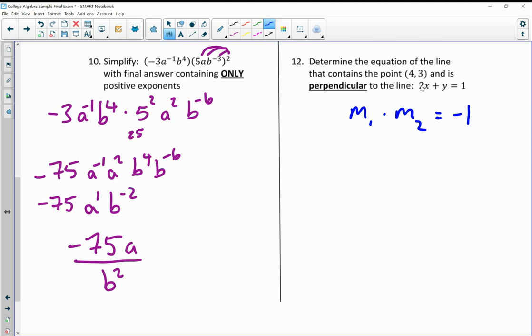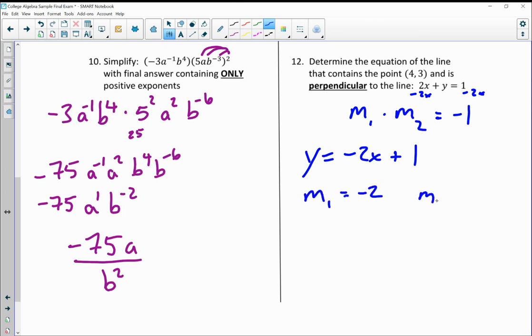So let's take a look at the slope that we're going to be working with from the line 2x plus y equals 1. If we subtract 2x both sides, we have y equals negative 2x plus 1. So the slope is negative 2.